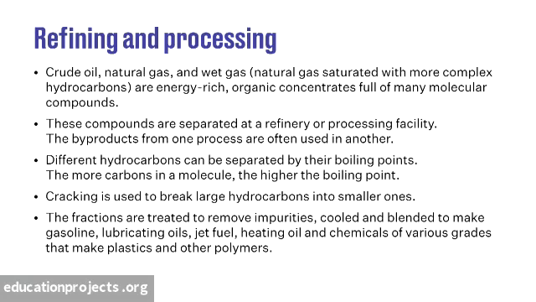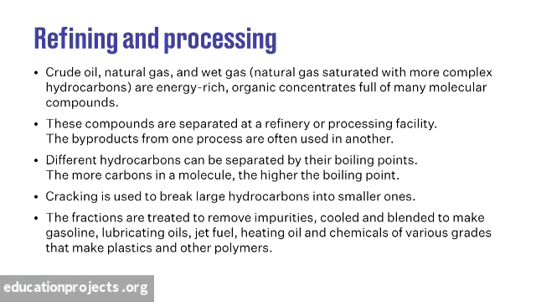The different hydrocarbons can be separated by boiling points, but they also can be separated by a process called cracking, which also uses heat and energy to pull those hydrocarbons apart. Different fractions then can be cooled and made into various different kinds of products.